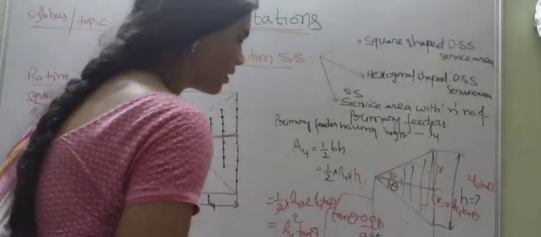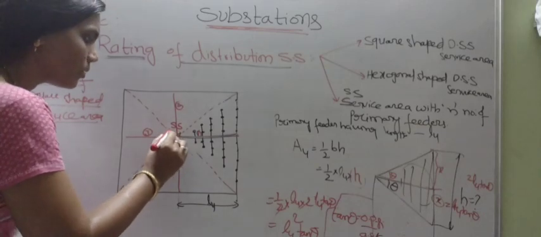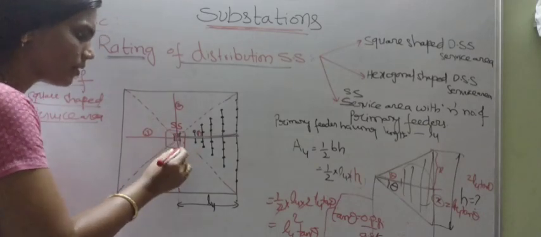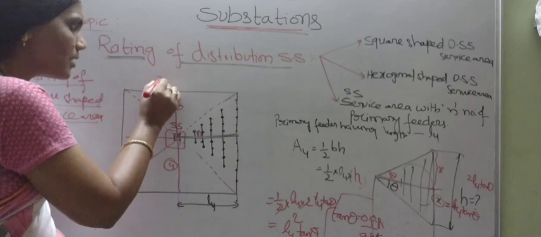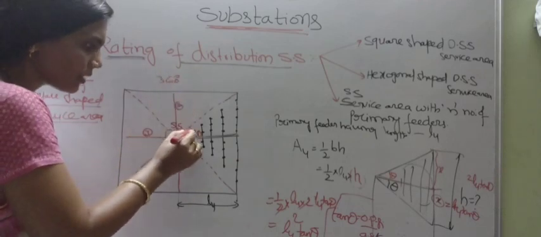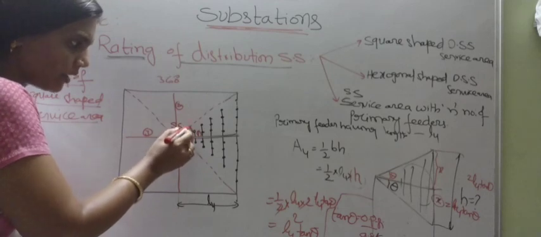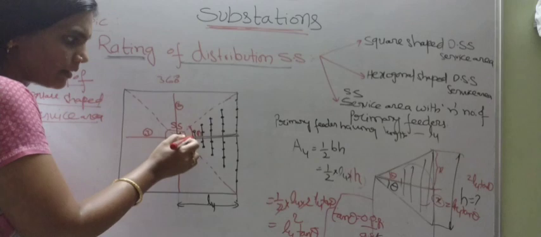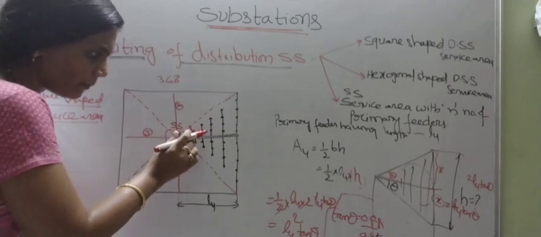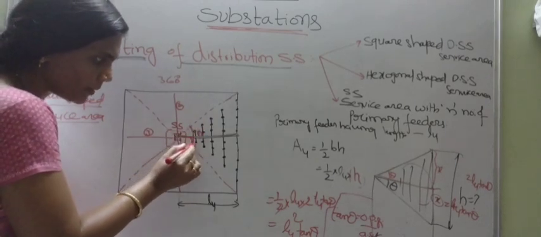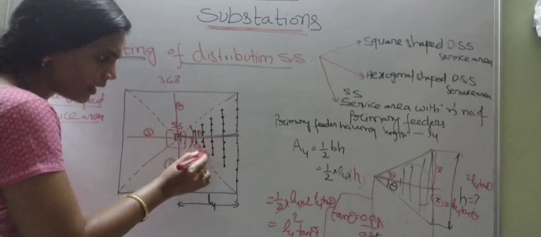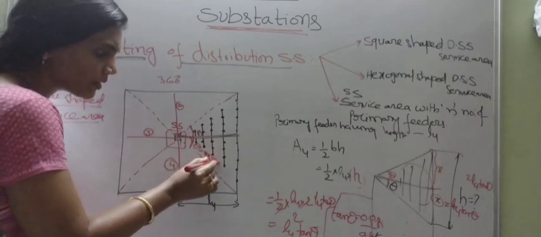Now calculate the theta value. The total angle in this square is 360 degrees, and this is occupied by 90 degrees, which is bisected by the angle of this triangle. So theta is half of this value, that means 90 by 2, that is 45 degrees.